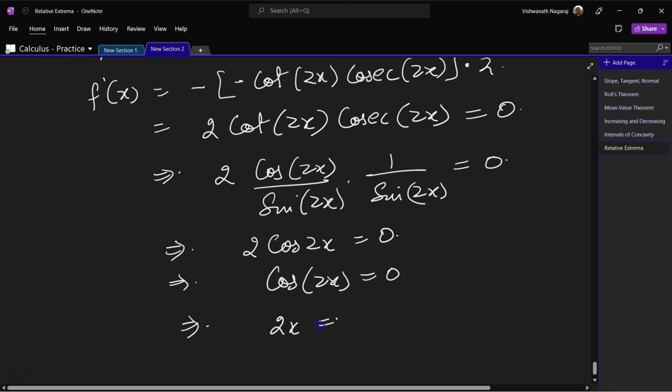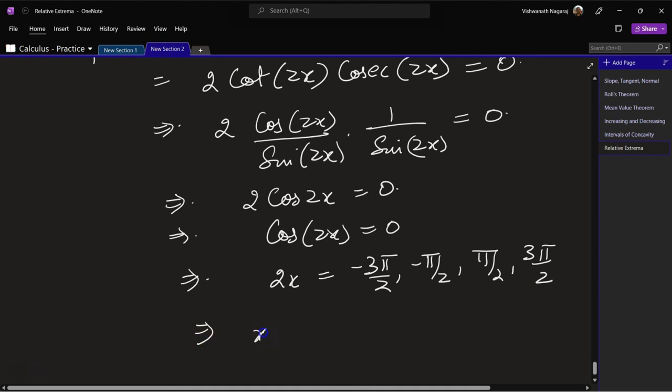When will cos 2x be 0? When 2x is minus 3 pi by 2, minus pi by 2, pi by 2 and 3 pi by 2. Which means x will be equal to minus 3 pi by 4, minus pi by 4, pi by 4 and 3 pi by 4.